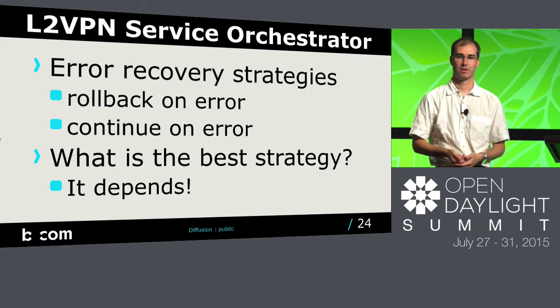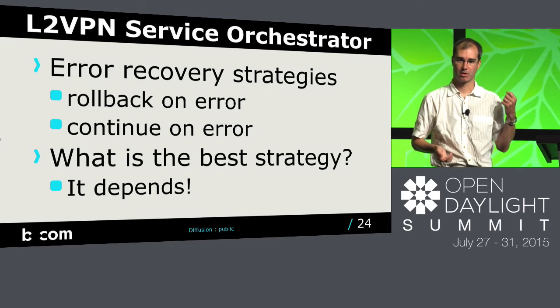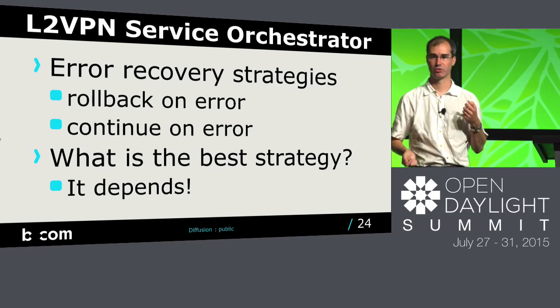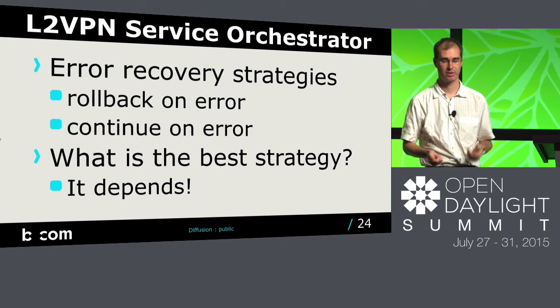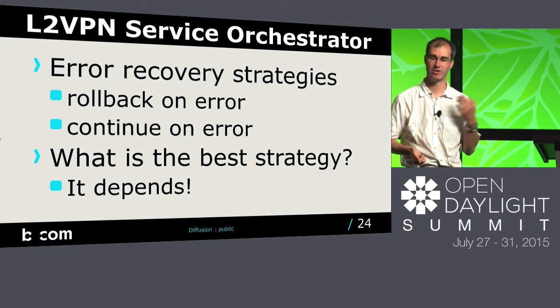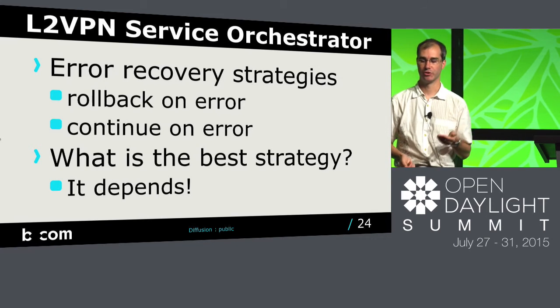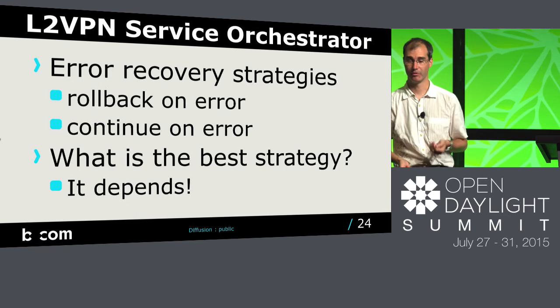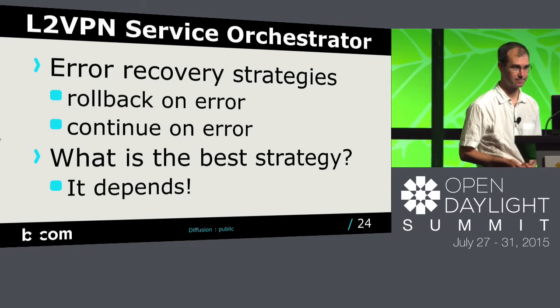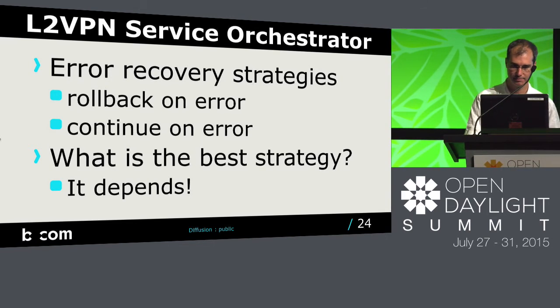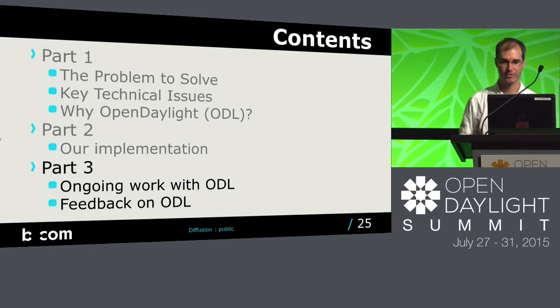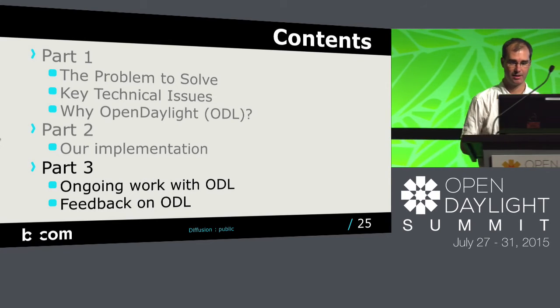And then we can come manually and fix what went wrong. And when this is done, we can tell the orchestrator to resume the deconstruction of the VPN. So that's for our implementation.